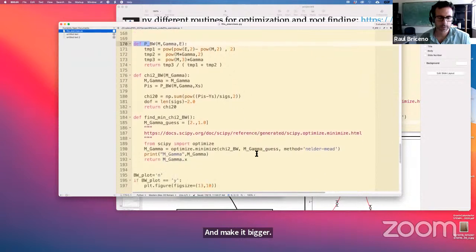Yeah. So here's the full code. It's in line 170. That's where the minimization routine for chi-squared begins.